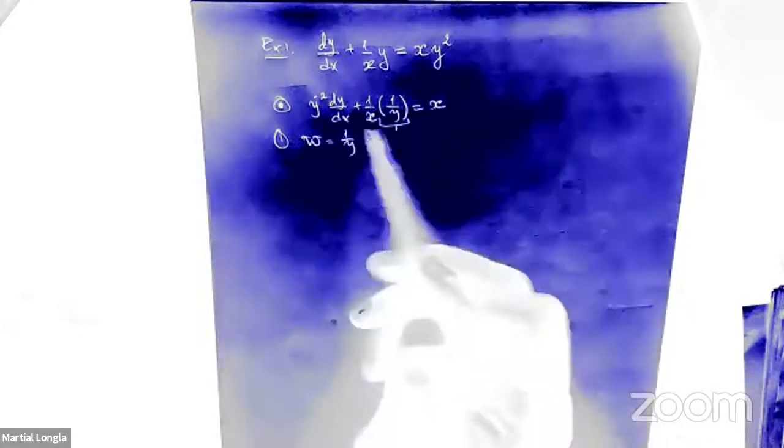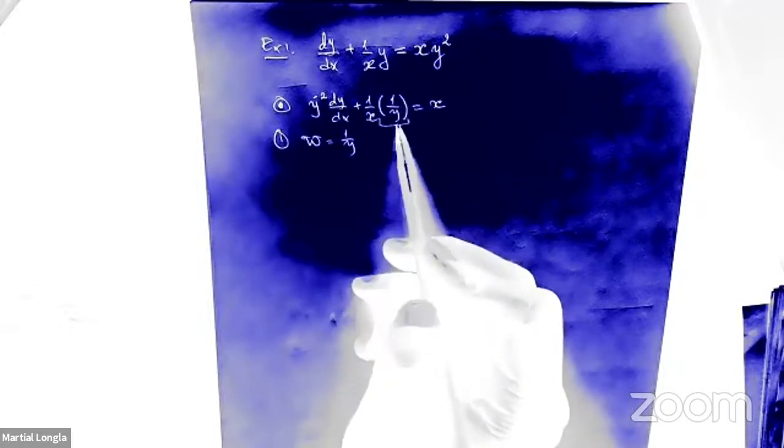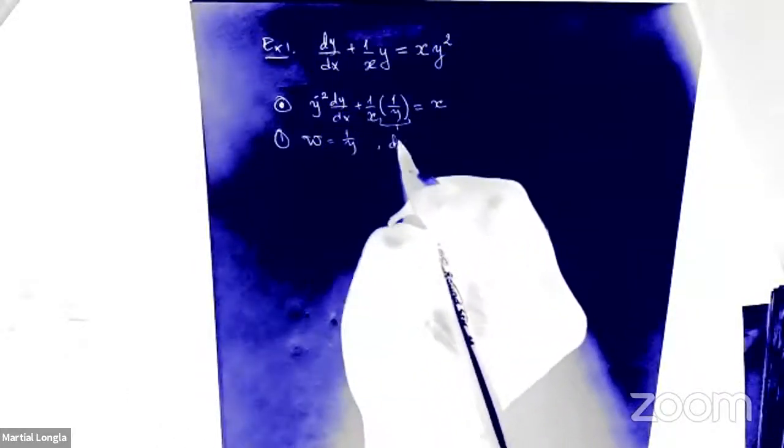Do you see why I was saying it's not necessary to memorize formulas? You don't see me here writing the 1 minus n and those things, right? Because I'm just reading what I have here. So I read 1 over y, that's w. And then you take dw over dx. You don't need to memorize anything. You take the derivative of this.